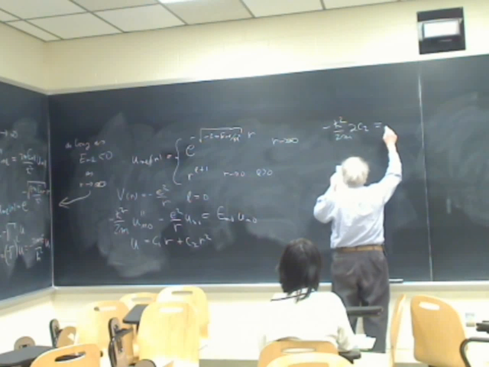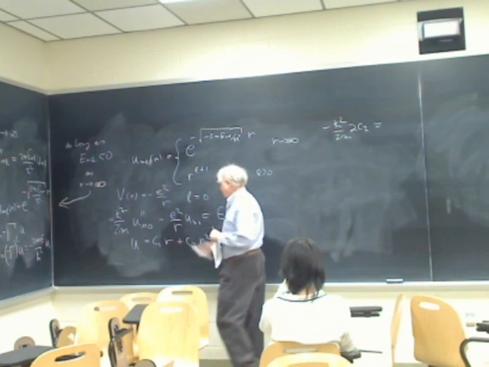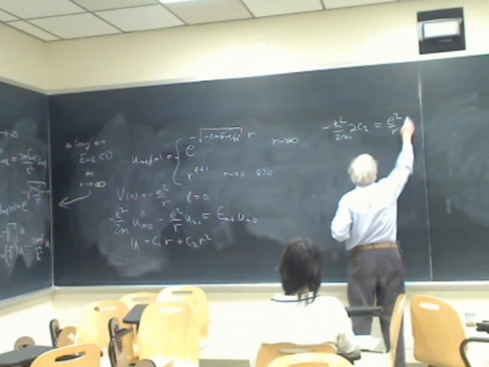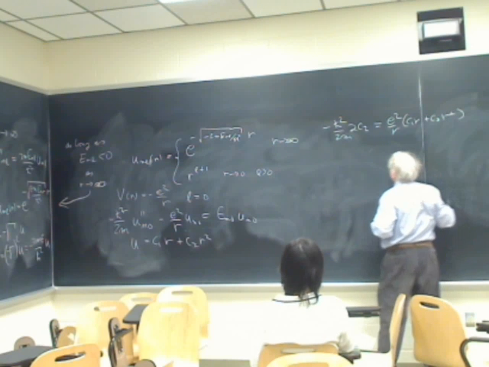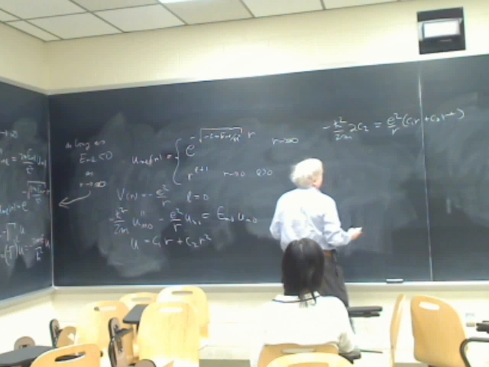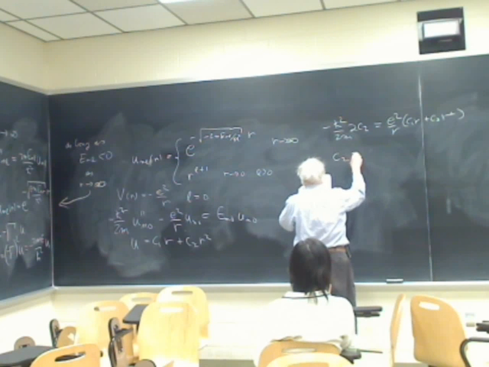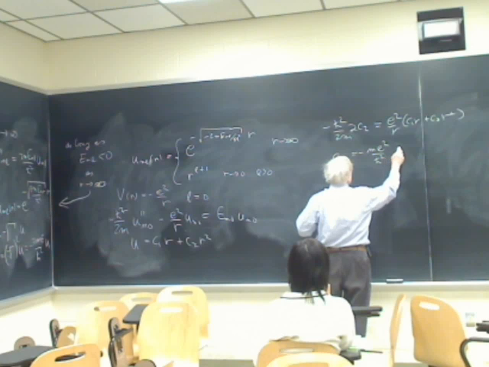And then that's supposed to equal, if I put this over to the other side, e squared over r times c1 r plus c2 r squared. Well, in the limit of r going to 0, that says that c2 is equal to minus m e squared over h bar squared c1.